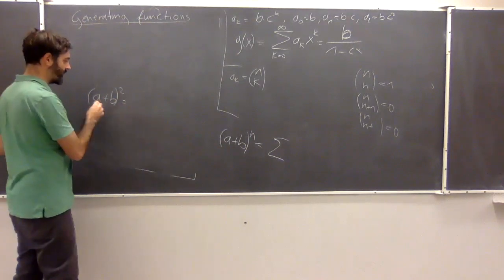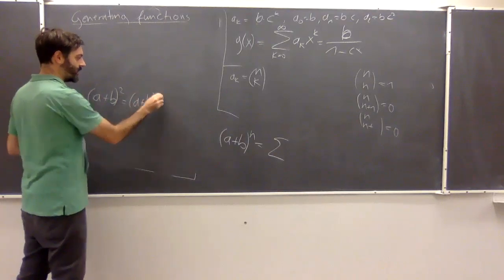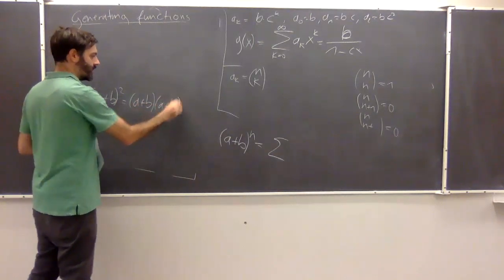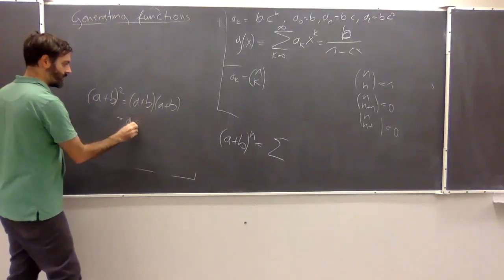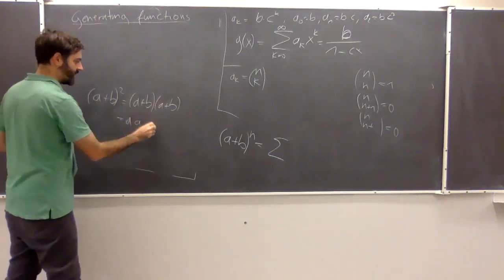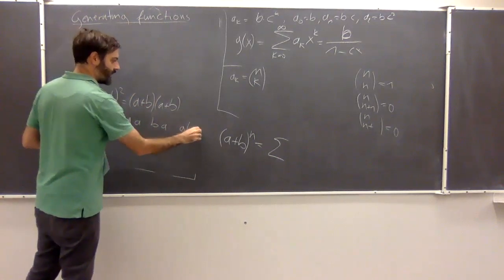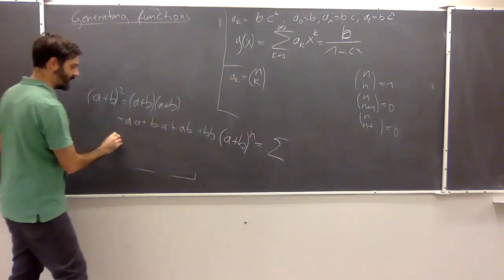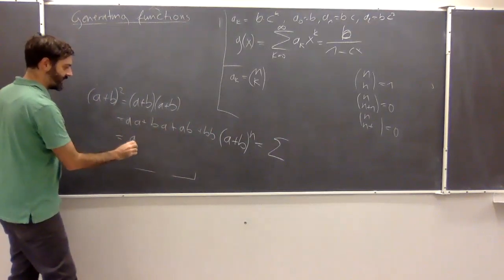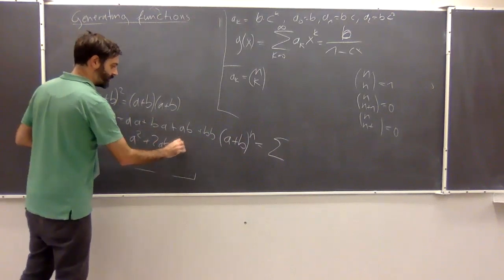So you have to multiply (a plus b) times (a plus b). That's the same as a times a, a times b, b times a, and b times b. So everything times everything. And you can summarize this as a squared plus 2ab plus b squared.